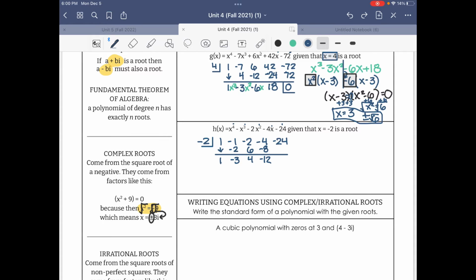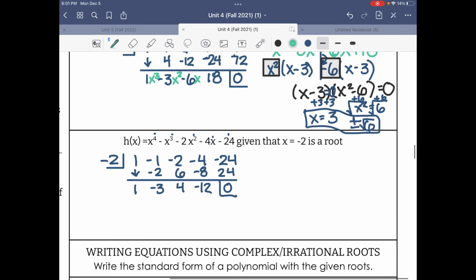Negative 12 times negative 2 is 24, and that adds to 0. Perfect. Then I go through and I have to add in my x and my x squared and x cubed. So negative 12 stays the same. 4 gets an x, 3 gets an x squared, and the 1 gets an x cubed. So I have 1x cubed minus 3x squared plus 4x minus 12.